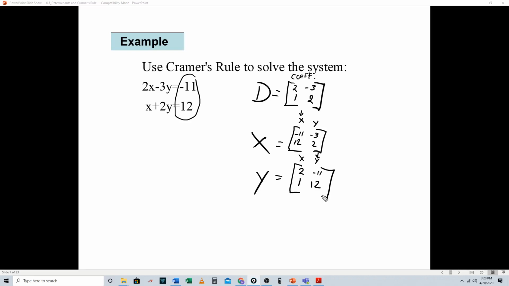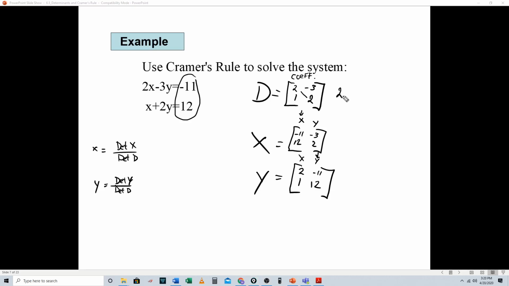So Cramer's rule requires creating 3 matrices and then using the determinants. So X is equal to the determinant of X over the determinant of D, and Y is equal to the determinant of Y over the determinant of D. So we're going to go ahead and multiply.